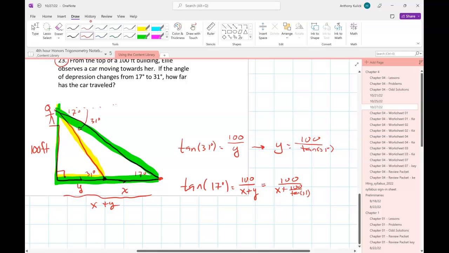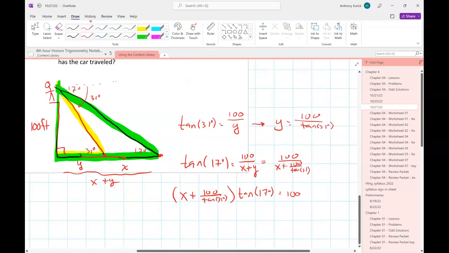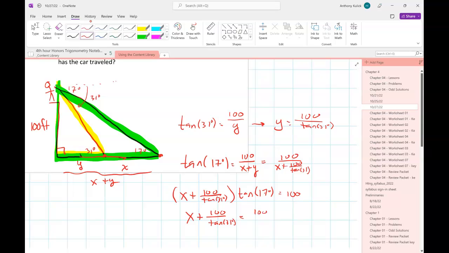So to solve for x, I can multiply both sides by that denominator. I'll divide both sides by tan 17. And then subtract the 100 over tan 31 from both sides.